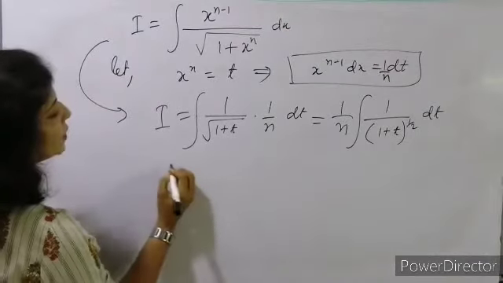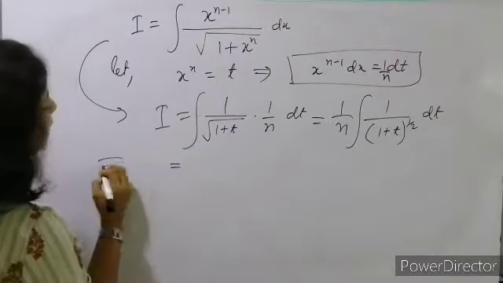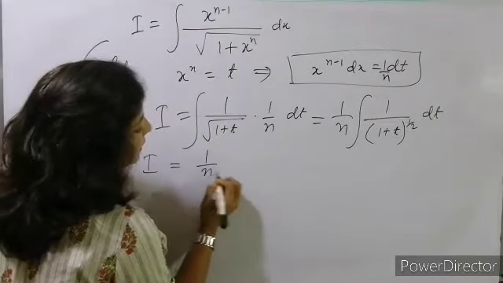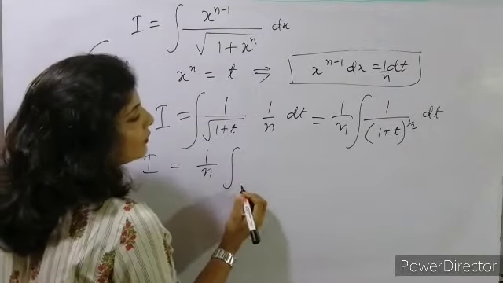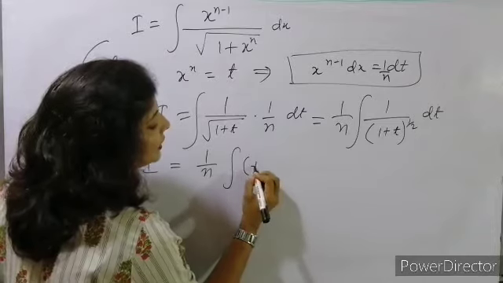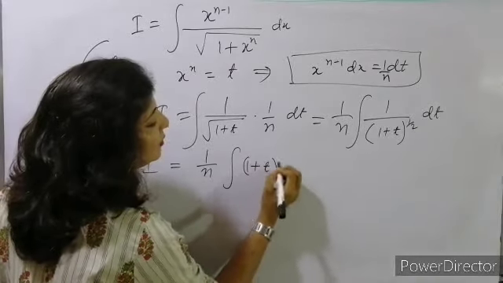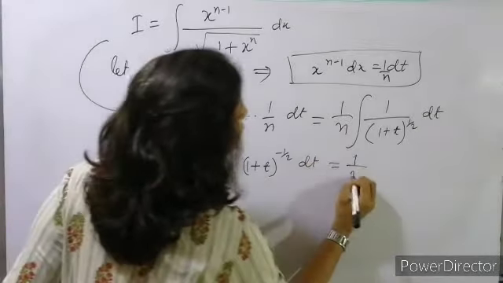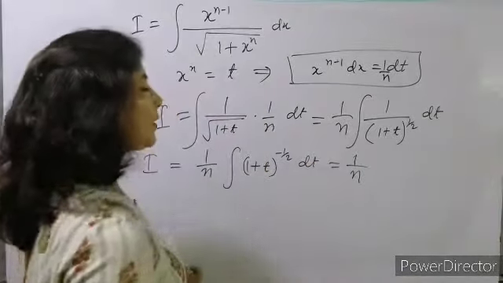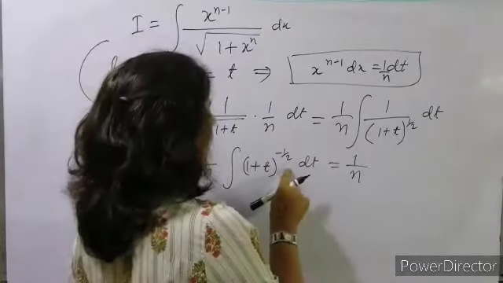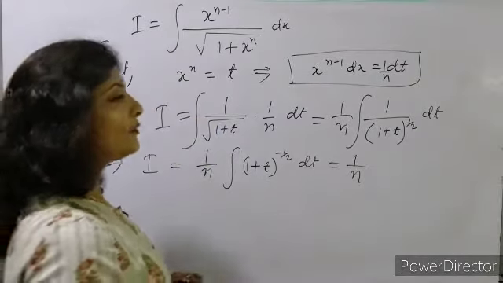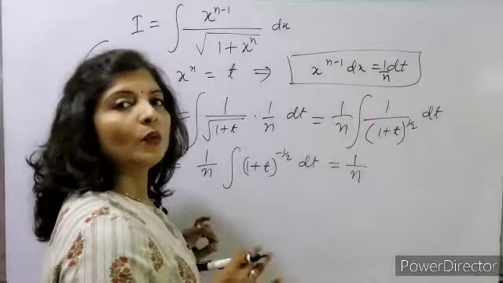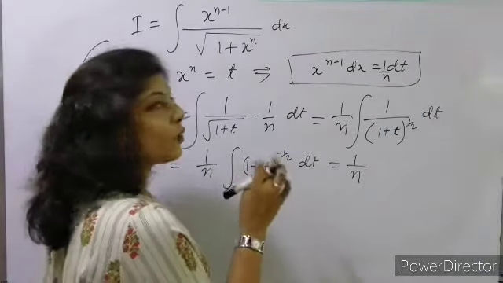So the value of I will be equal to 1 upon n and the integral of 1 plus t to the power minus 1 upon 2 dt. Whenever we are integrating, we have to add 1 to the power. So we add 1 and we get 1 upon 2.